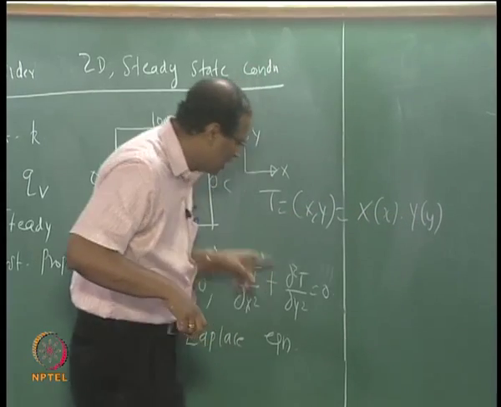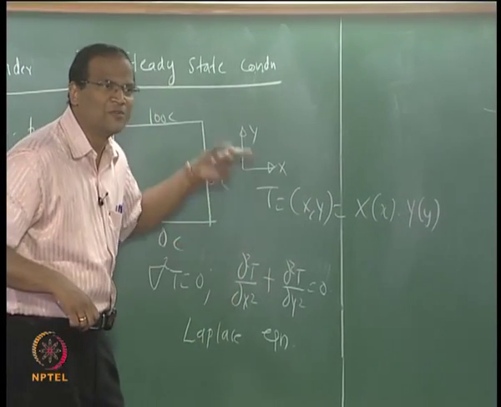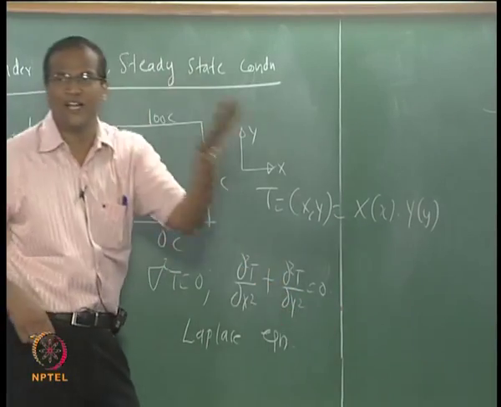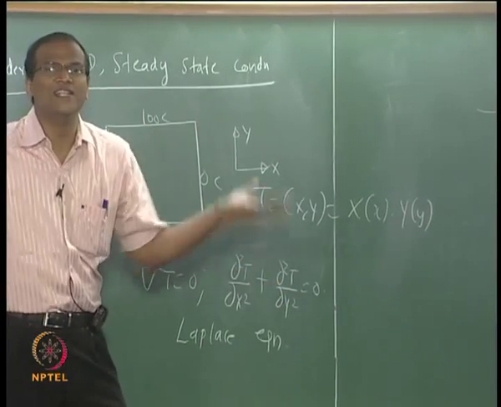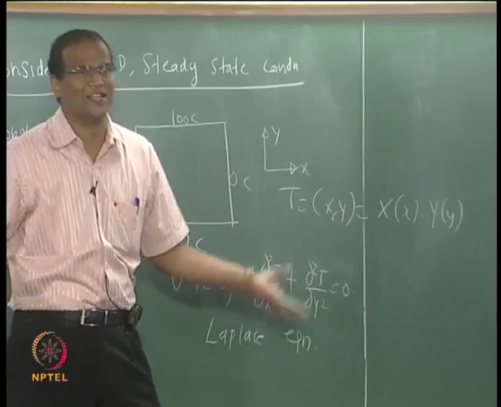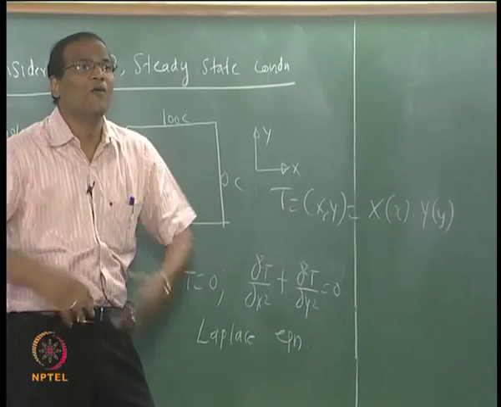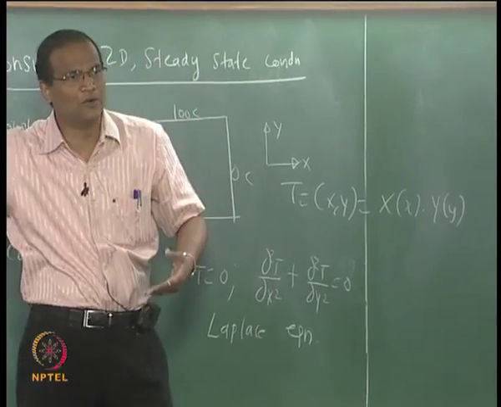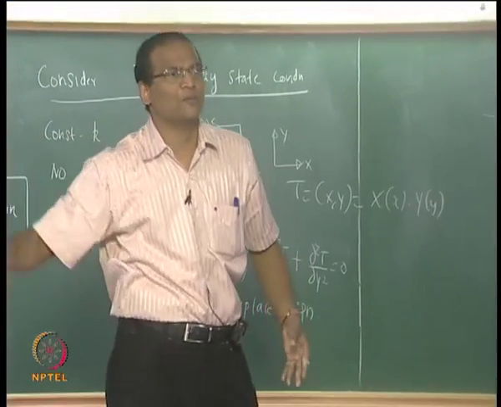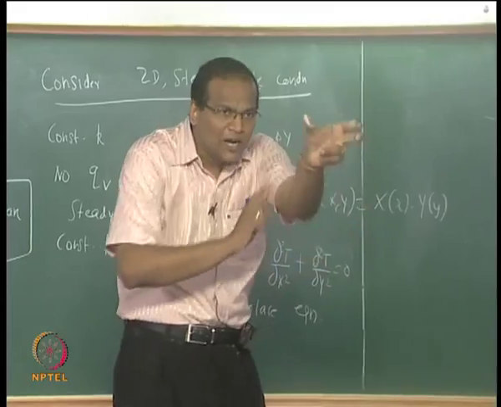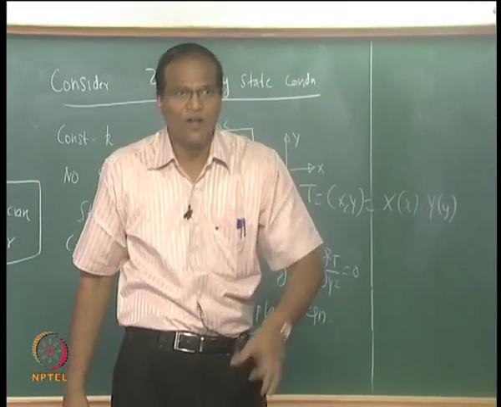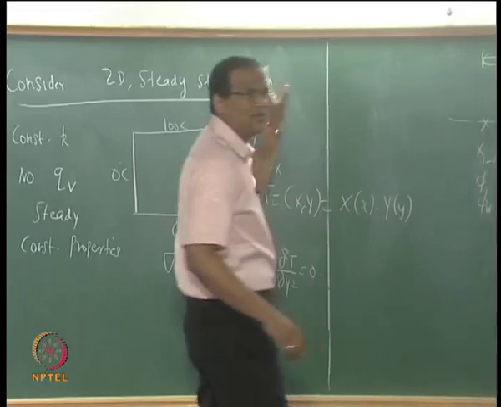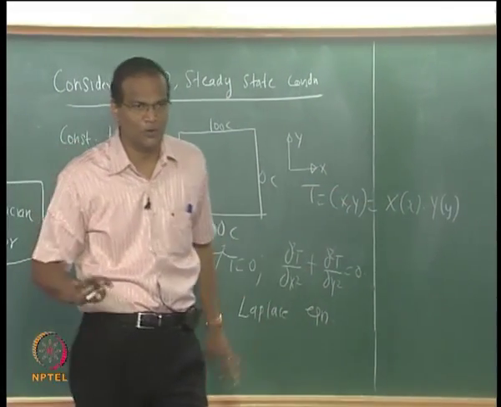When I substitute, this partial differential equation is broken down into two ordinary differential equations. The left hand side will be a function of x, the right hand side will be a function of y. There is no reason why they should each be a function of x or y, so they have to be equal to a constant. If that constant is proposed as lambda squared, then you will get two ordinary differential equations. If you solve, you will get separately the solutions for X and Y, and then using the boundary conditions you can get all the constants a, b, c, d. This is how you close the problem.